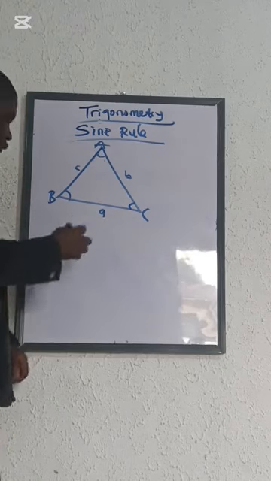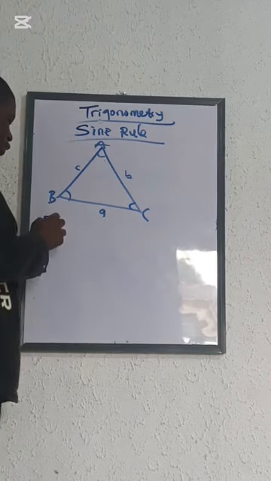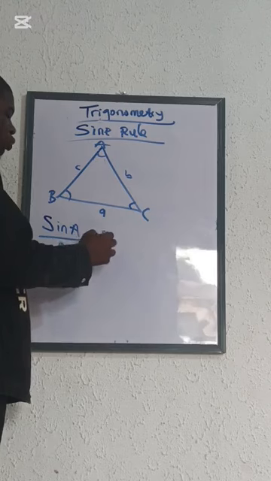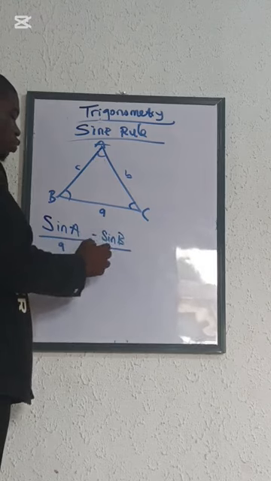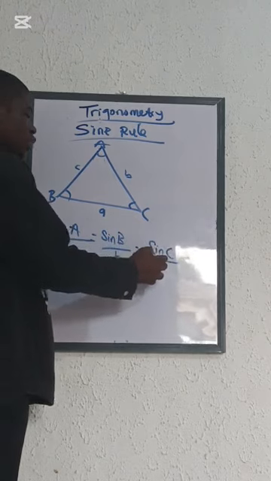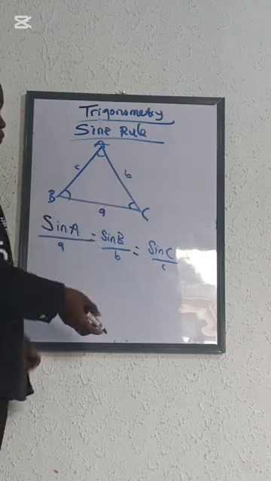Now, sine rule is simple. We have sine A over a equals sine B over b equals sine C over c. Or it can be the inverse.